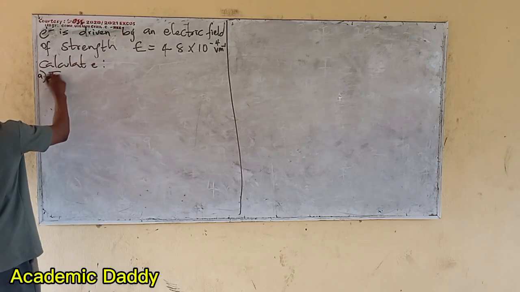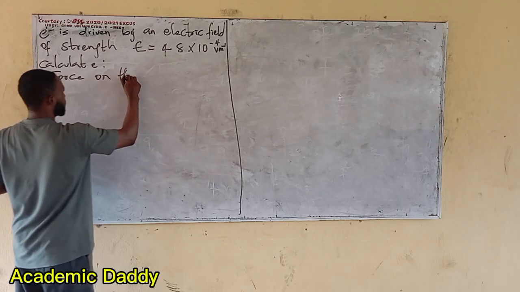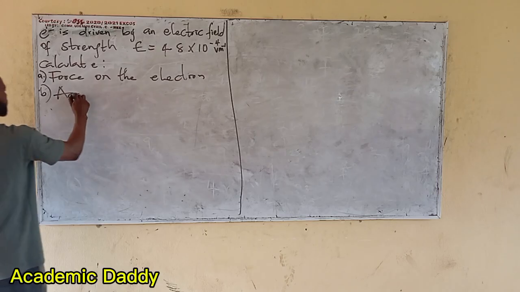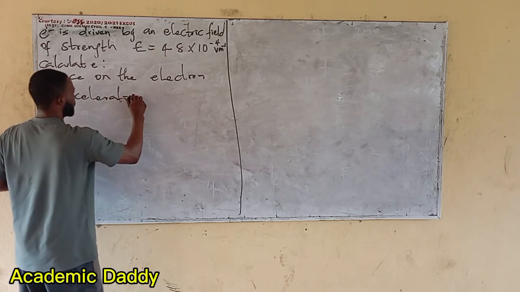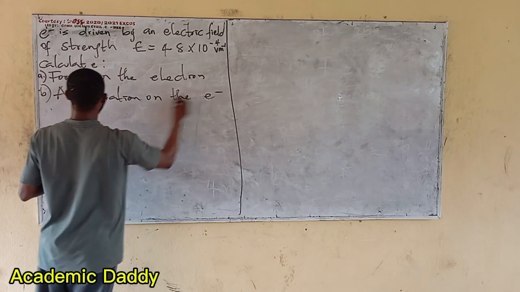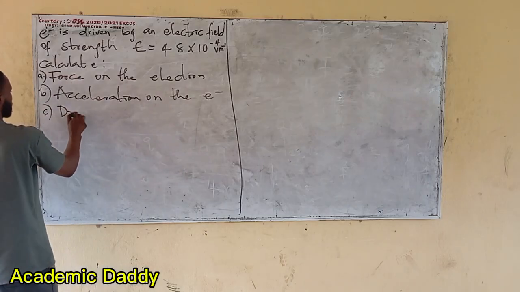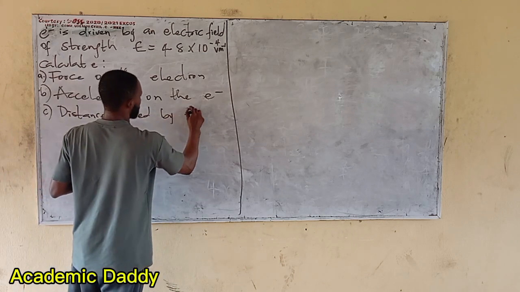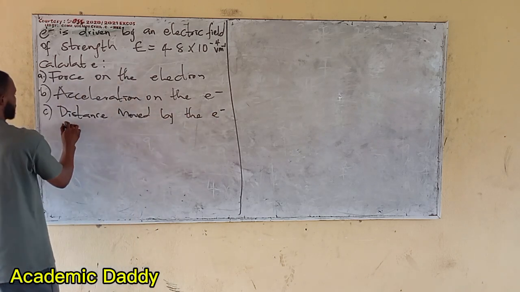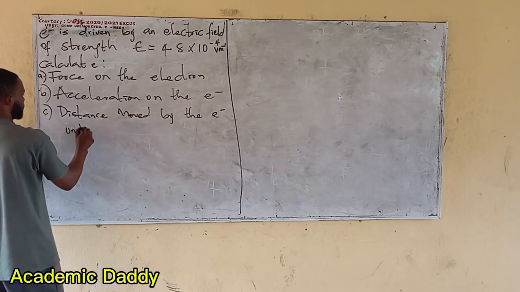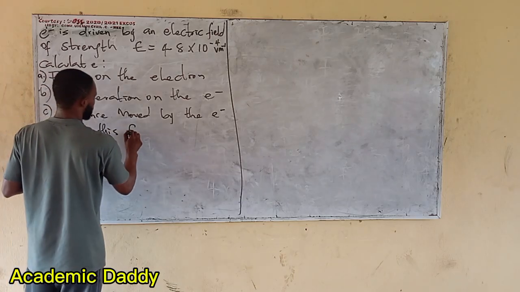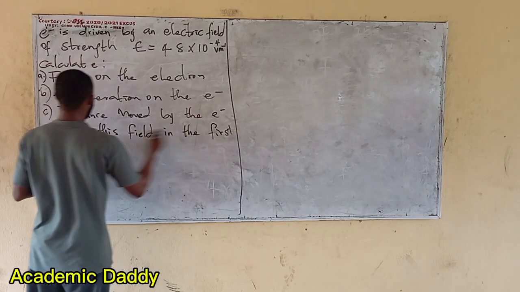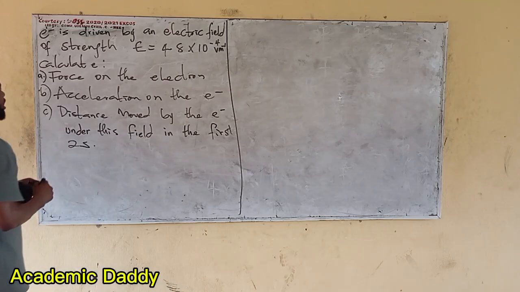Calculate the force on the electron, the acceleration of the electron, and the distance moved by the electron under this field in the first 2 seconds. Okay, that's all.